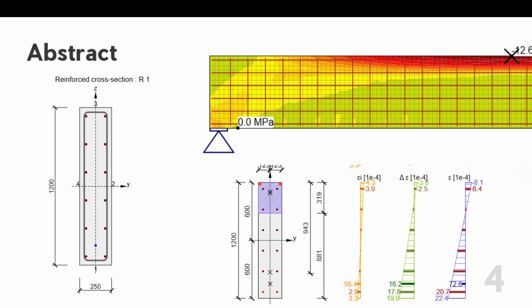The tendon is made from material Y1860 S7 with a strand diameter of 15.7 millimeters. As you can see, it is just one tendon, because we want to keep it straightforward and clear, to present the results sensibly.